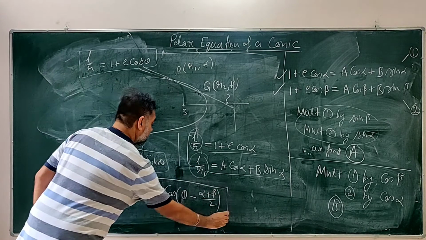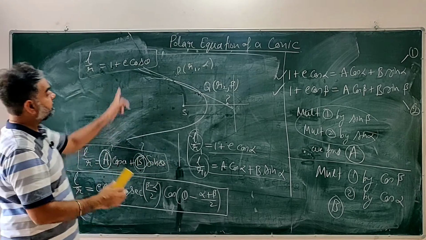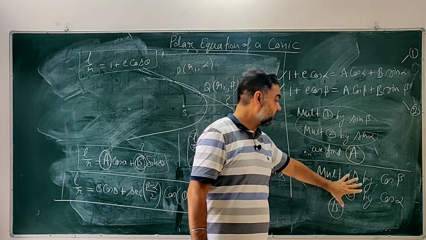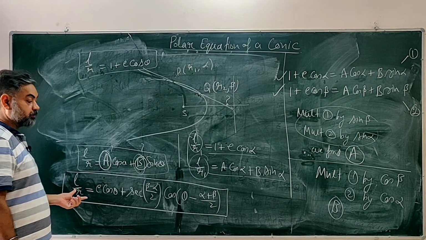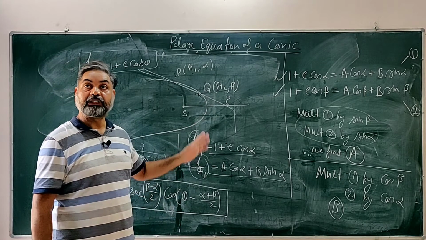Putting the values of A and B here, we will get the equation of the line PQ, where how to find A and how to find B we have discussed here. This is the equation of the line PQ.